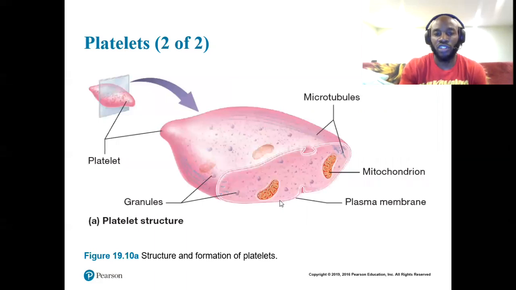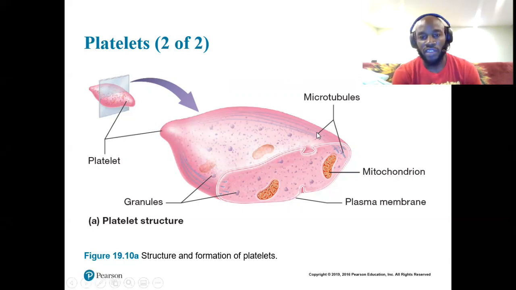This is the general structure of the platelet, right? Platelets are fragments of cells. So you have some microtubules, and some actin and myosin. Remember that actin and myosin from the muscle chapter.